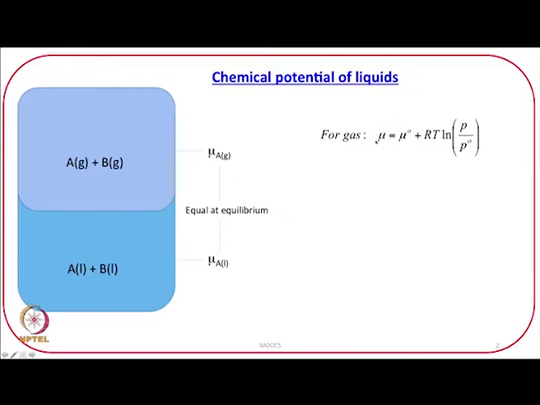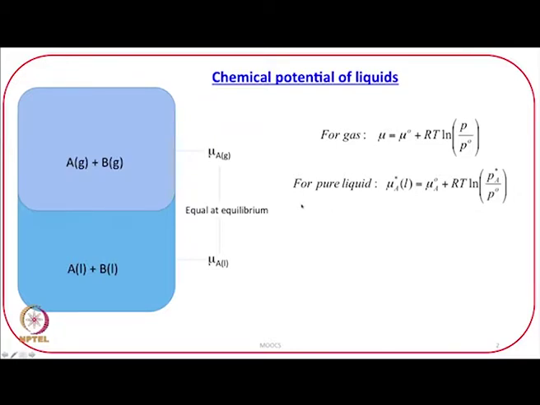Although I am writing the expression for a gas, since the gas phase chemical potential will be equal to the chemical potential in the liquid phase, it permits me to replace mu by mu A star L. Please try to understand the meaning of each term in this.